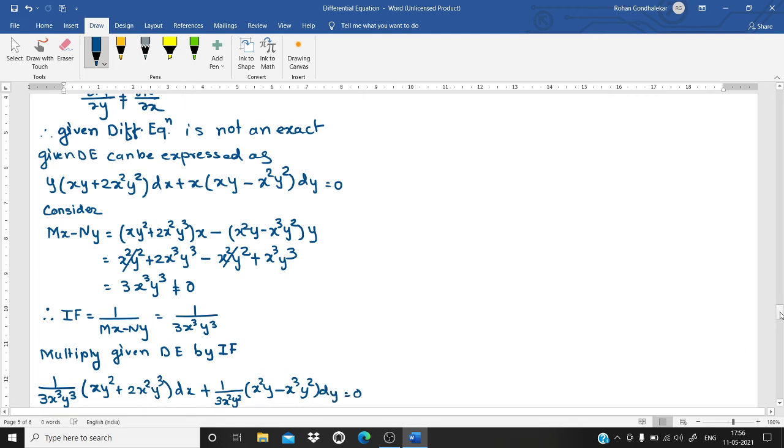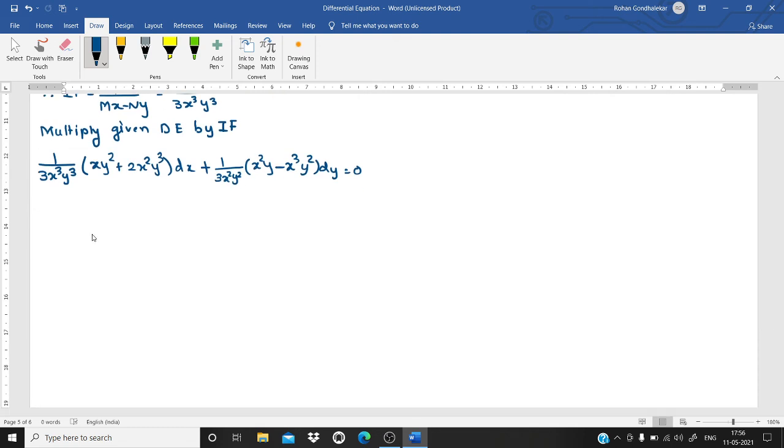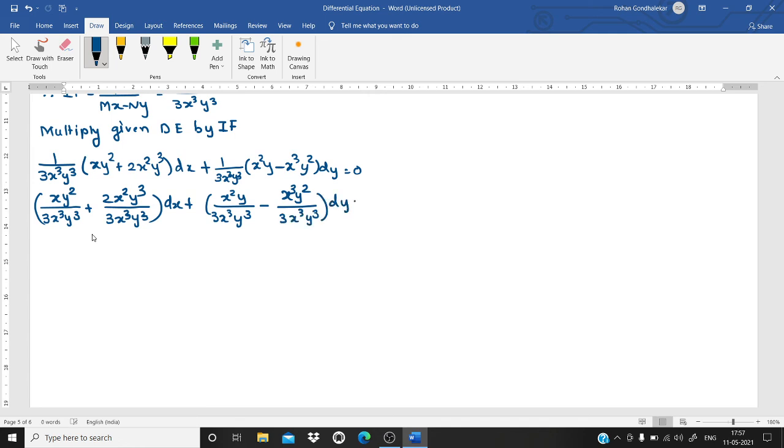Now we multiply the integrating factor into each bracket. In the first bracket, the first term is xy square divided by 3x cube y cube, plus 2x square y cube upon 3x cube y cube, into dx, plus x square y upon 3x cube y cube minus x cube y square upon 3x cube y cube dy equals 0.